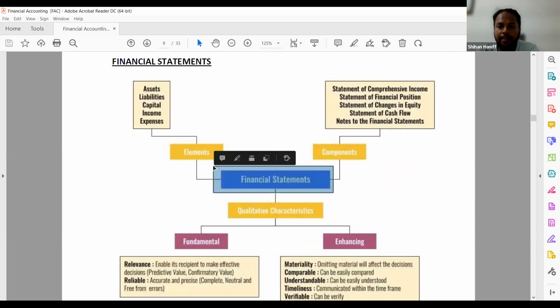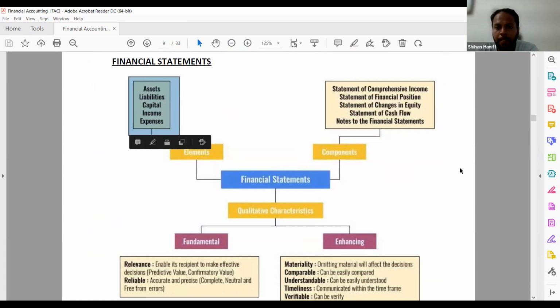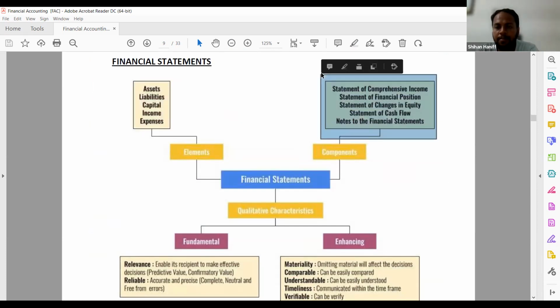As I said, the 5 elements of financial statements I already explained. Then there are 5 components of financial statements. What are the components? Statement of comprehensive income, statement of financial position, statement of changes in equity, statement of cash flow, and notes. When we prepare company final accounts, we will do all these 5 components.